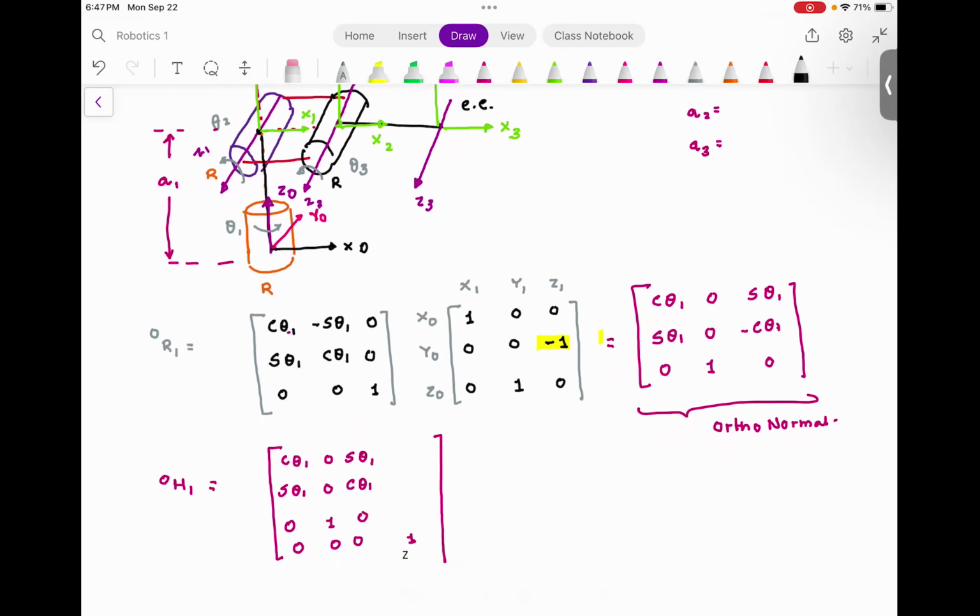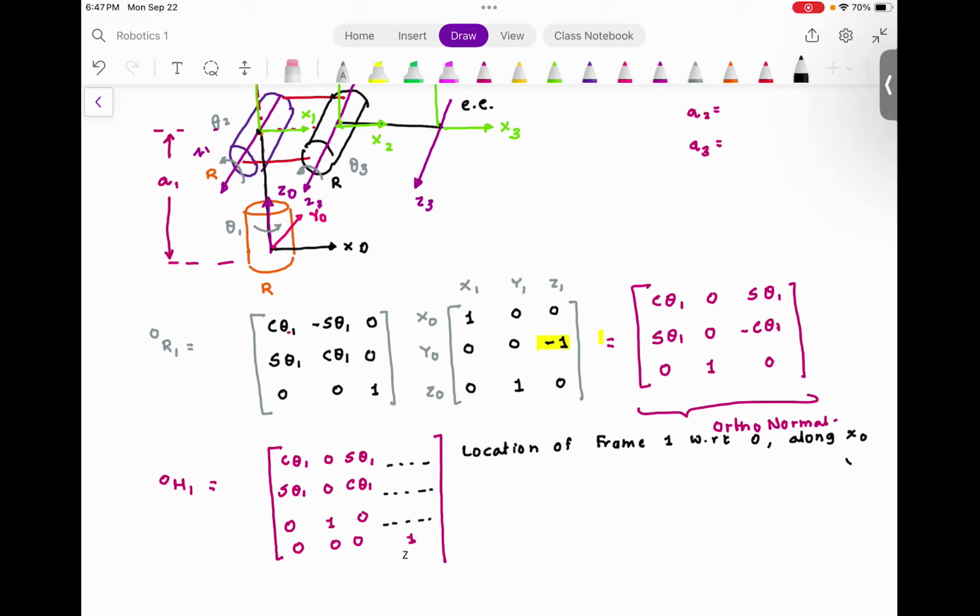Please try to understand that here you are going to write down the location of frame 1 with respect to frame 0 along x0, which is extremely important.